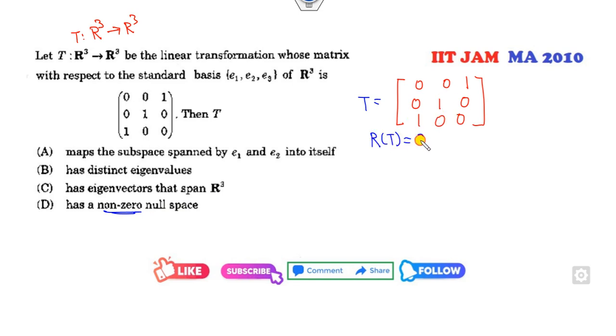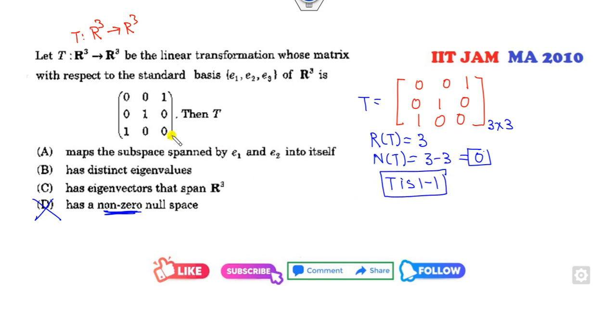Clearly the rank is 3. What is the null space? Number of column vectors minus 3 is 0. That means it has a zero null space, which means T is 1-1. Also it has the same dimension, so this implies T is onto.